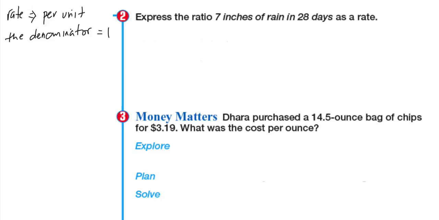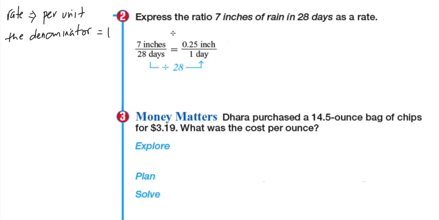So let's take a look at example number 2. Express the ratio 7 inches of rain in 28 days as a rate. So we want to express this in per unit form. That means the denominator should be equal to 1. So in this case, we have 7 inches over 28 days, and we want to make our denominator 1. That means we divide by 28. To make 28 into 1, we divide the denominator by 28.